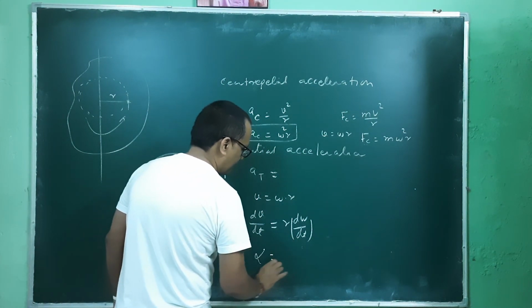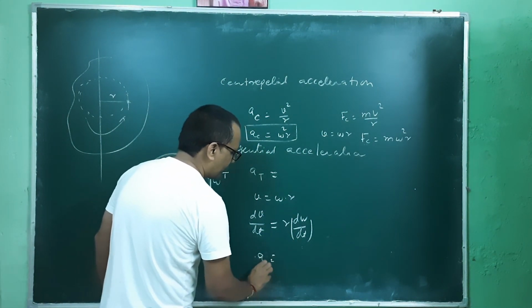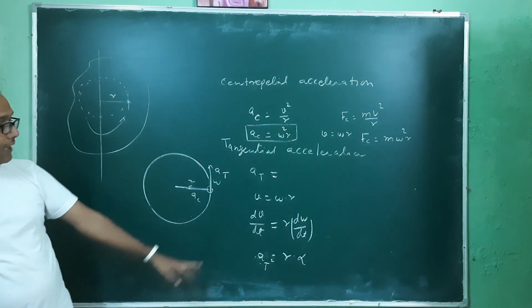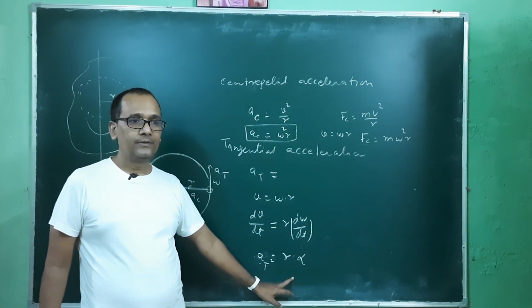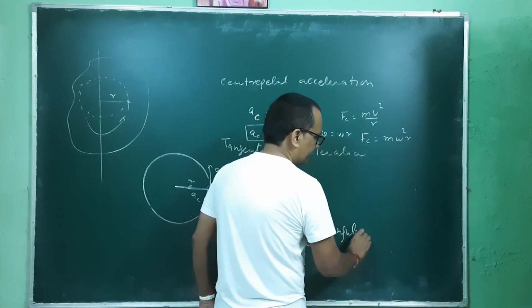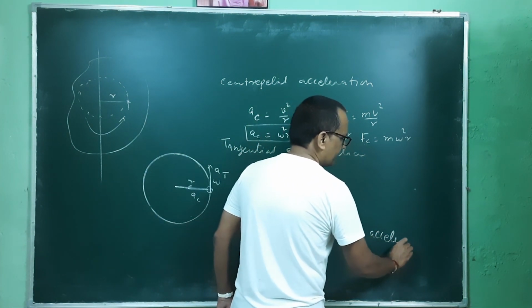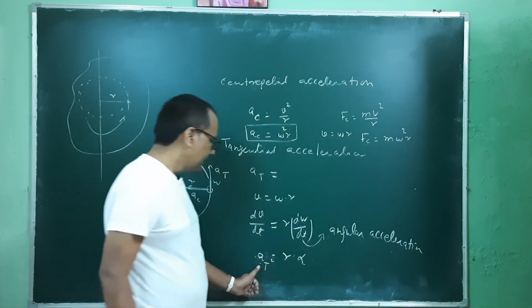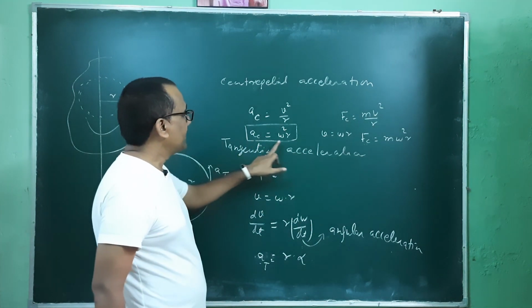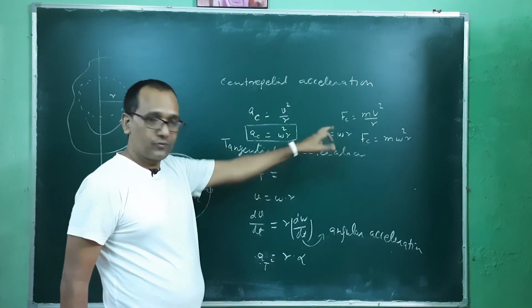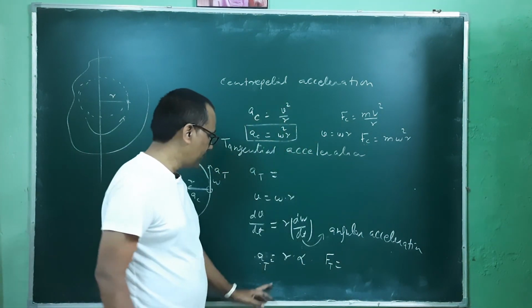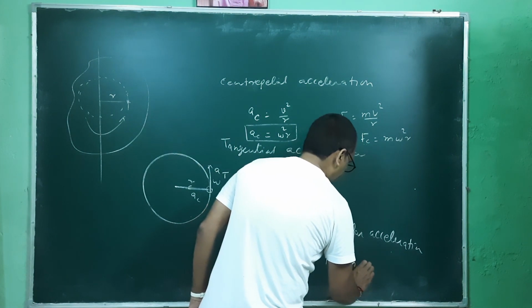So A, which is AT, is equivalent to R multiplied by alpha. This alpha is d omega by dt, the angular acceleration. So this AT is equivalent to R multiplied by alpha. And here this AC is equivalent to omega square R, and this is the force. And here this Ft, the tangential force, is equivalent to mass multiplied by R multiplied by alpha.